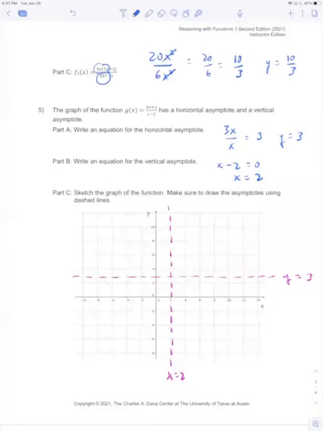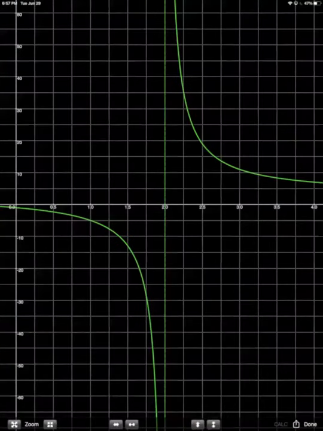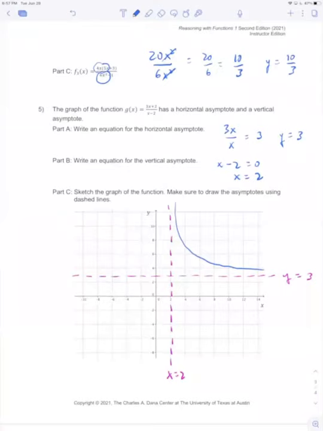Okay, to decide where to draw the curve, I have this drawn and entered into the calculator here, and we can see to the right of the asymptote, we're going to be above the horizontal axis, and to the left of the asymptote, we're going to be below the horizontal axis. So let's go back here, sketch this in roughly like this, and then we're going to go like that.